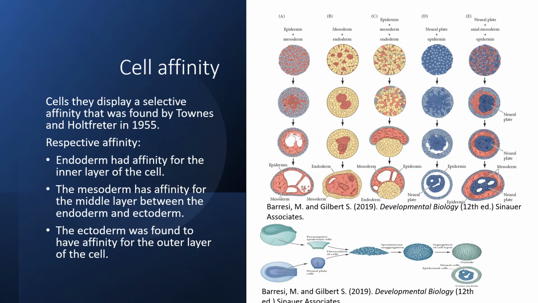The endoderm had affinity for the inner layer of the cell and would reaggregate into the internal layer. The mesoderm had affinity for the middle layer and would reaggregate between the endoderm and ectoderm. The ectoderm was found to have affinity for the outer layer of the cell and would reaggregate into the external layer.